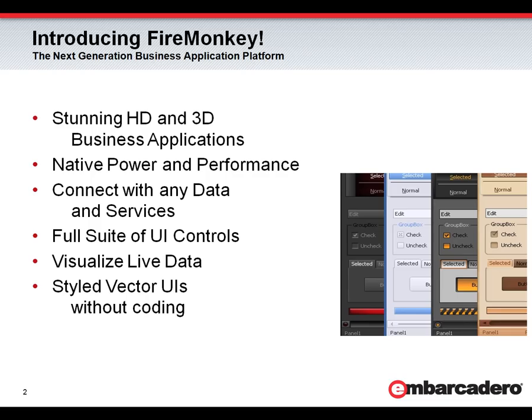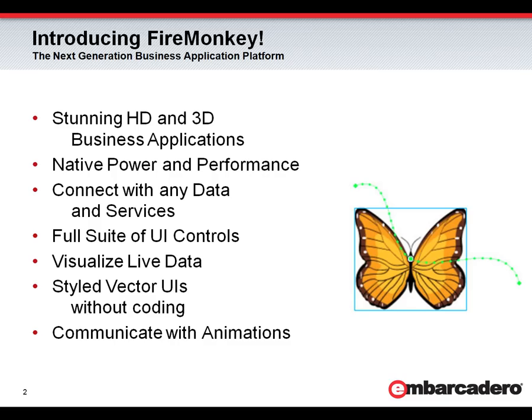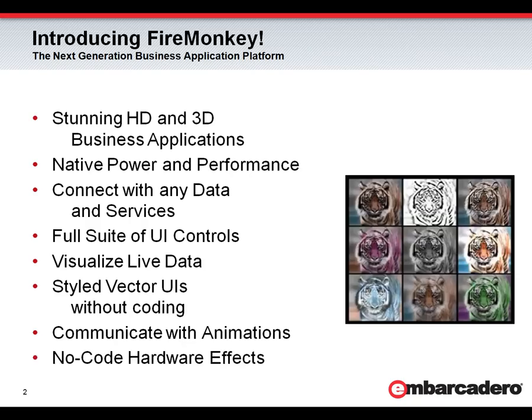So no matter how far you zoom in, your rounded corners will still be rounded corners. You can communicate in FireMonkey using animations so that you can move objects around on the screen, but also animate bitmaps from one bitmap to another, going over some kind of transformation. You can add effects, filters.